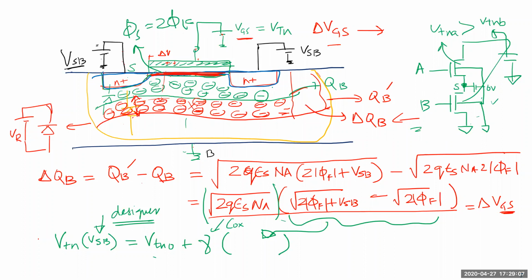I have a charge here, I have to apply a voltage to neutralize this. I have some charge stored here, I have to neutralize this. Similarly, now if you increase this charge, if I want to neutralize it, I apply a gate voltage as well, right? So it's a similar line of thought. Does that make sense?